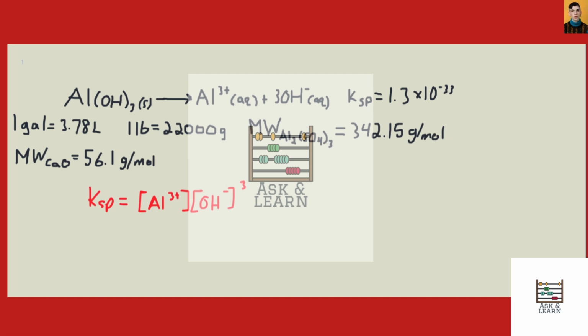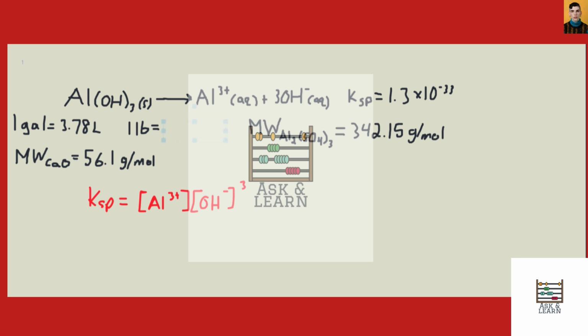So first we're going to find the concentration of our aluminum. So 1 pound is equal to 22,000 grams. So 5 pounds. Sorry, 1 pound is not 22,000 grams.